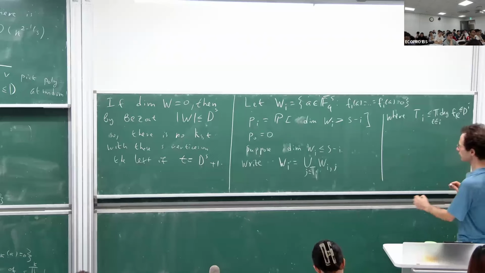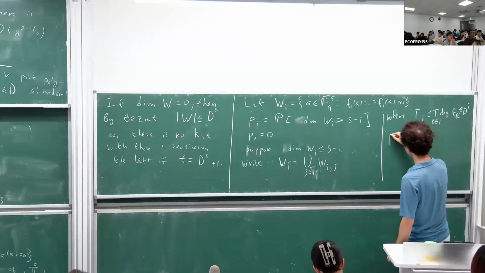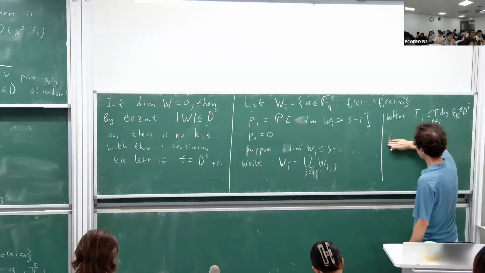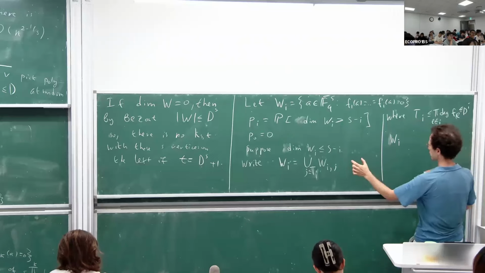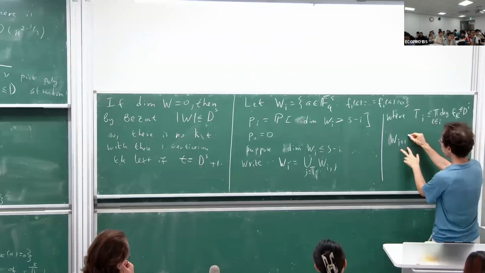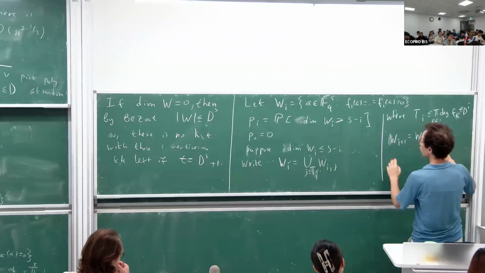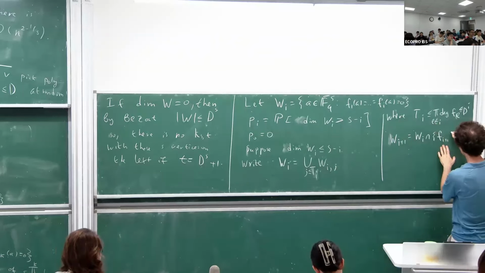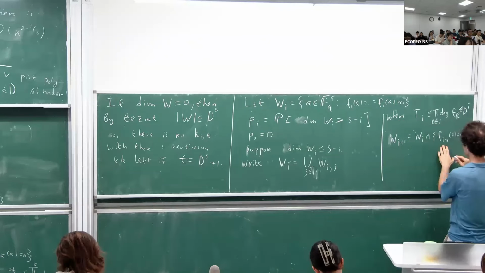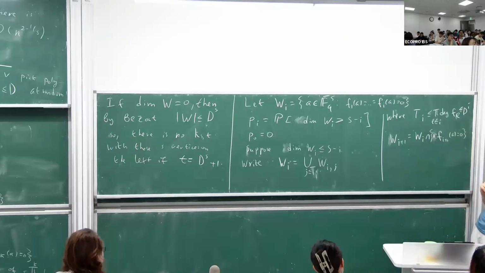So we have a few of these. Now, let's look at the following. If I add one equation, I'm going to get Wi plus 1, which is equal to the intersection of Wi with the zero set of the new polynomial. I'm adding another constraint.